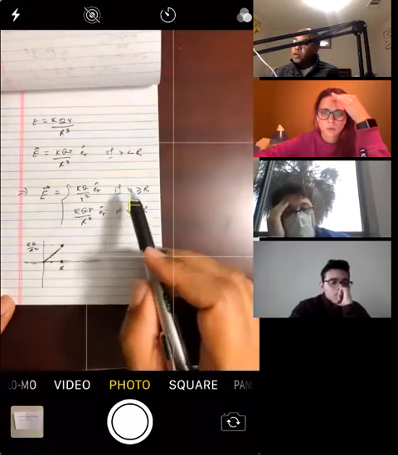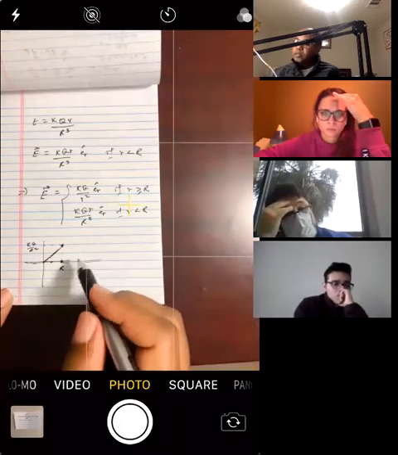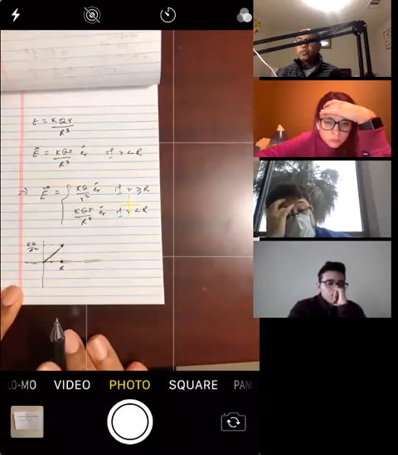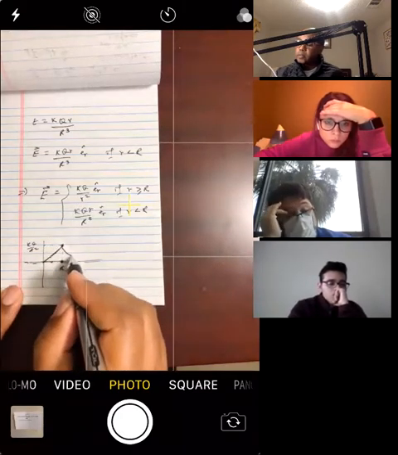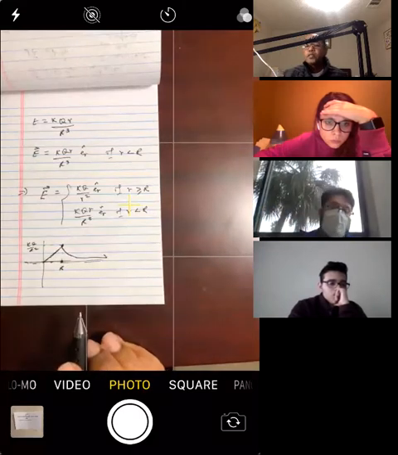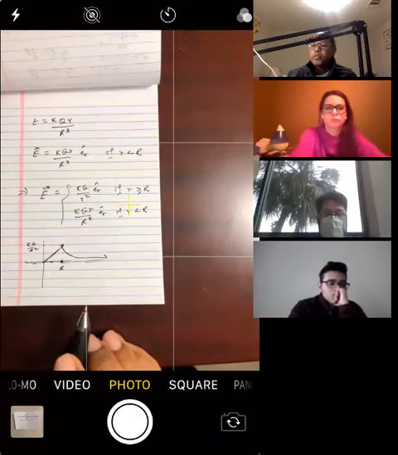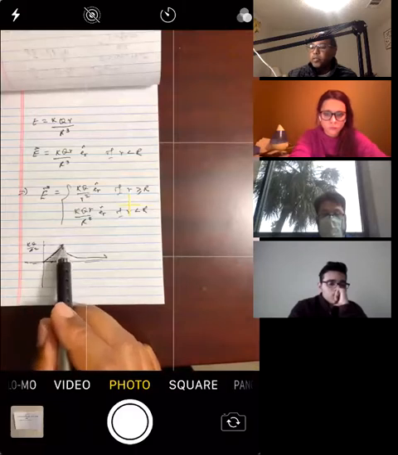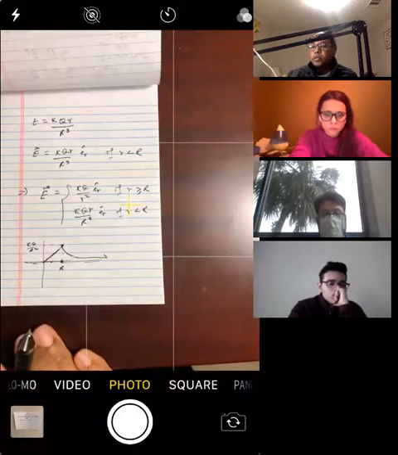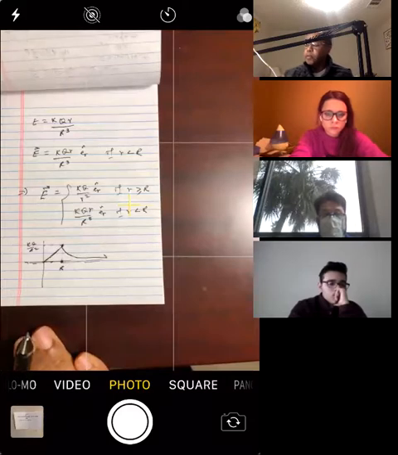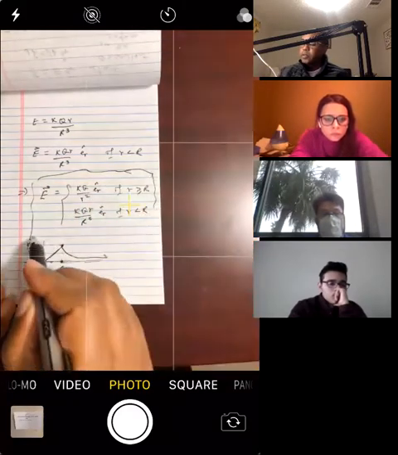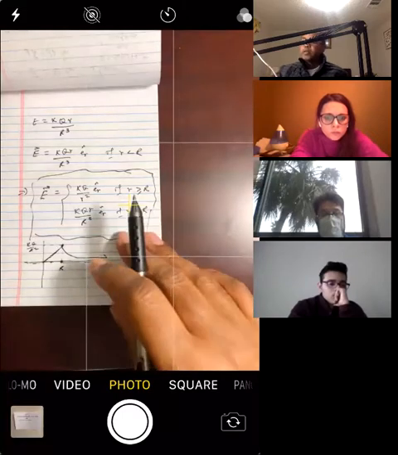But once you are outside the sphere, the electric field decreases inversely proportional to the square of the distance. It goes like this. Okay? So this is the electric field due to a solid charged sphere. Inside increases linearly, but outside drops inversely with the square of the distance. All right?